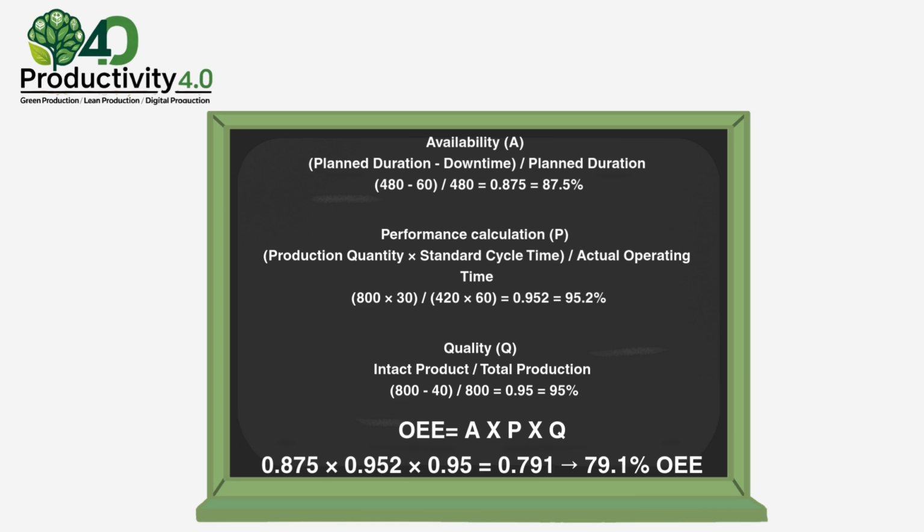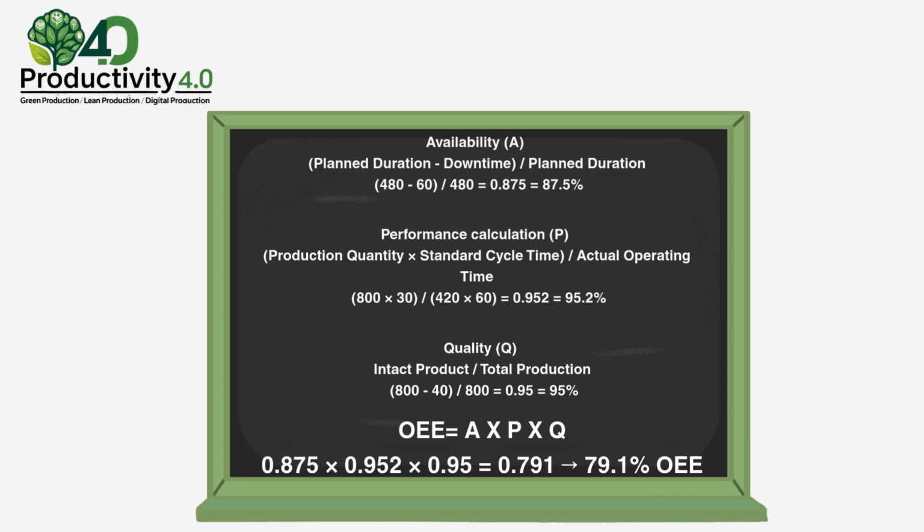For example, 800 times 30, divided by 420 times 60, equals 95.2%. This shows that our machine operated very close to the target speed.